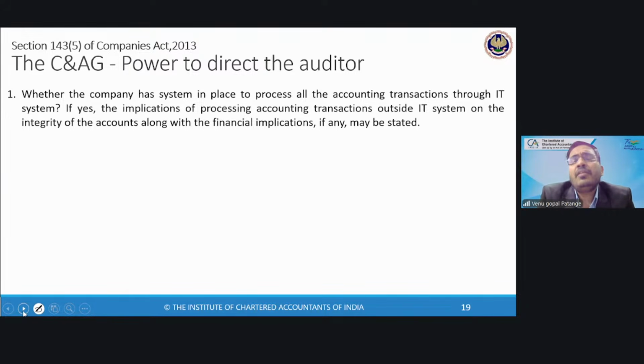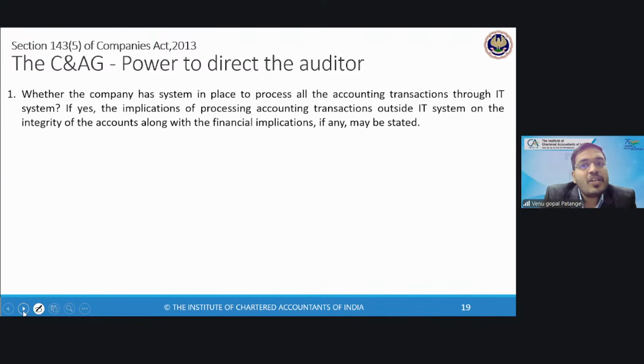They would have seen the depreciation calculation done in Excel, right? So it is outside the IT system, but whether the final depreciation entries are passing in the books or not. And many a time you may see audit adjustment entries, while performing an audit, passed in Excel, but it is the auditor's duty to check whether they are subsequently accounted in the books, right?